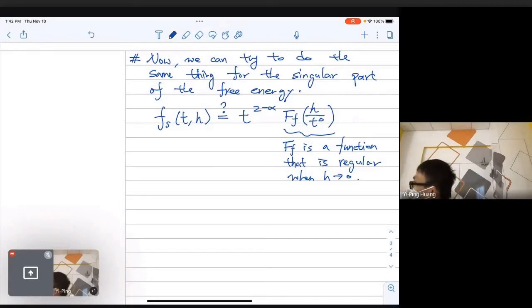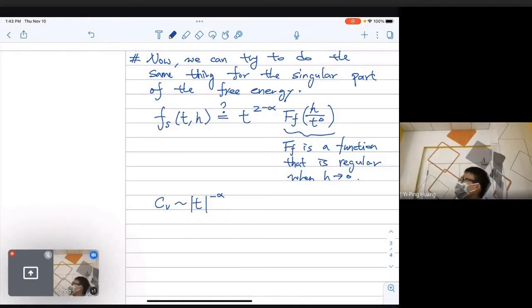The hint is that, by definition, the specific heat diverges near the critical temperature in this way. We don't know what alpha is, but the definition of alpha is that the specific heat diverges as a power law. So the question is why I can get this relation by knowing this definition.